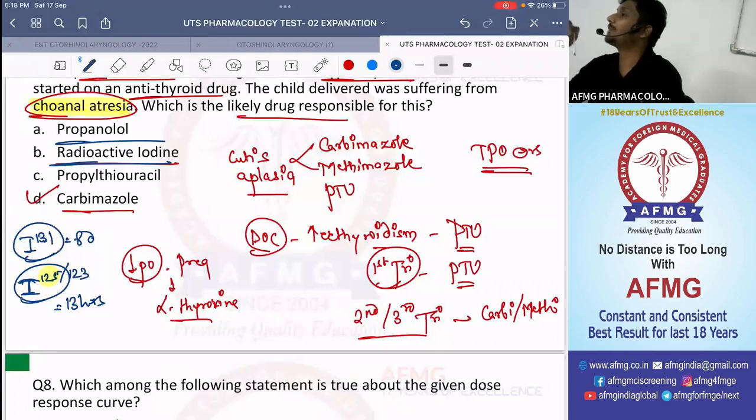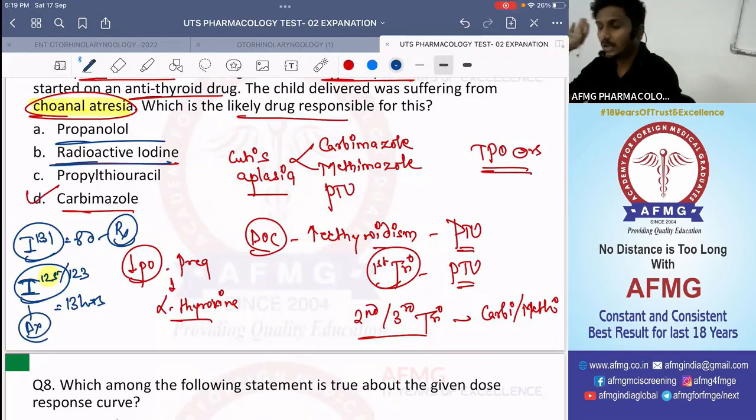So वहाँ पे they did not mention thyroid cancer. If they would have mentioned thyroid cancer, my answer would have remained the same. Iodine 131 is used for treatment, but that is only for thyroid cancer. They rather ask about prostate cancer की brachytherapy के लिए क्या use करेंगे? Then your answer will change to iodine 125. Otherwise, iodine 125 and 123 are always and always diagnostic in nature, except this one indication. No issues with this, anybody?